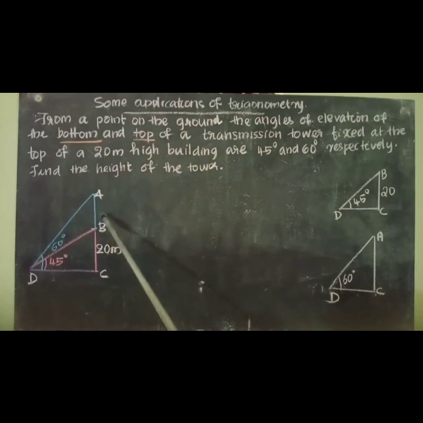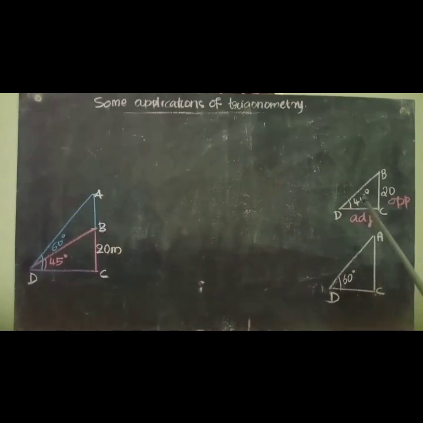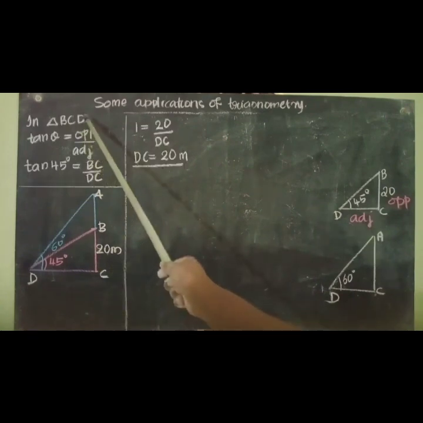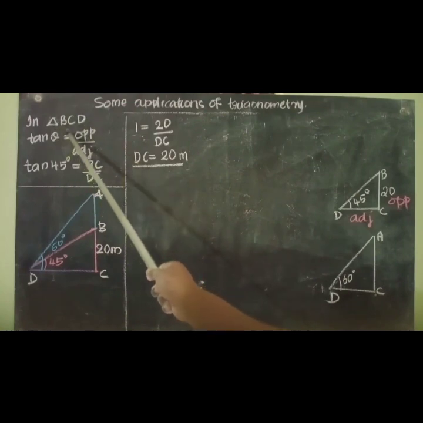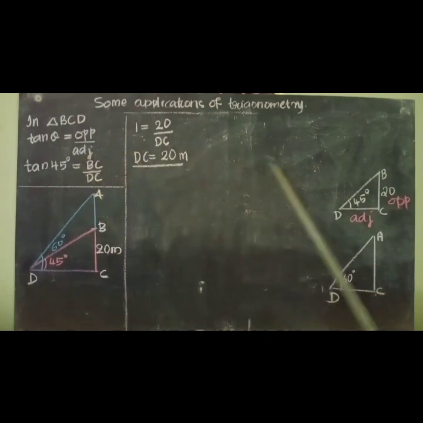Let us solve the problem. You see the first right triangle with the acute angle D with measurement 45 degree. For this acute angle D, BC is the opposite side and DC is the adjacent side. Let us take the ratio. In triangle BCD, tan theta equal to opposite side by adjacent side. Here theta equal to 45 degree.